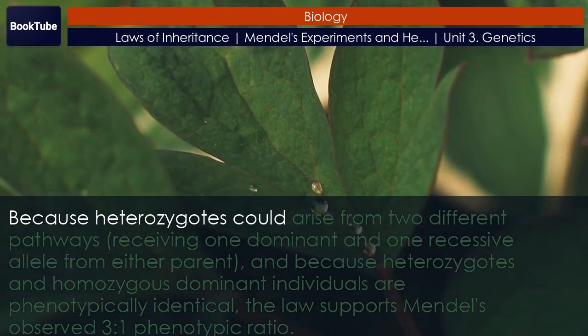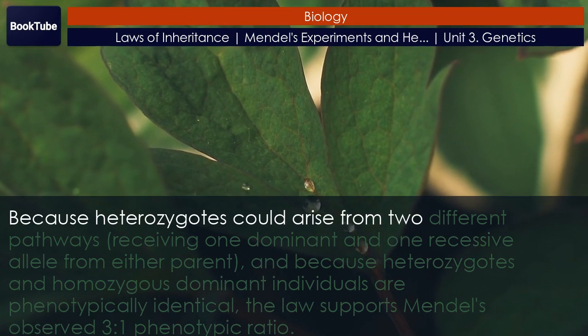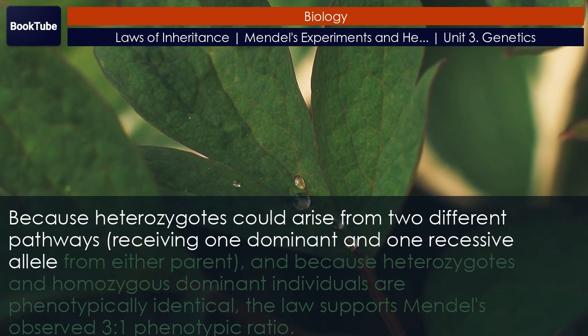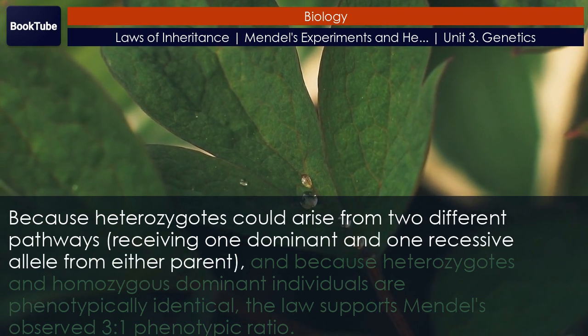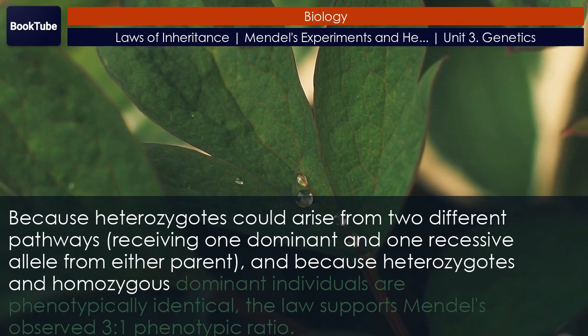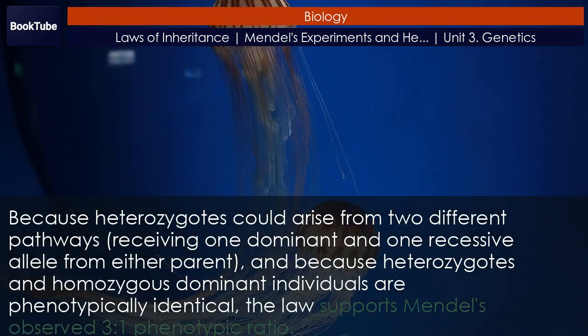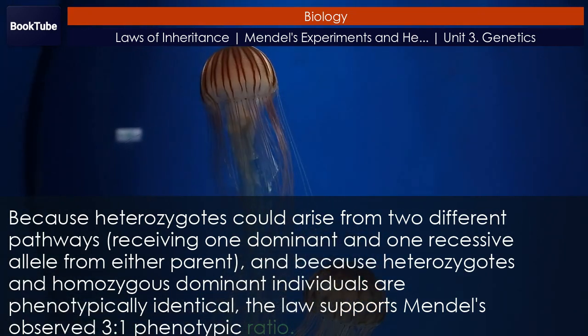Because heterozygotes could arise from 2 different pathways, receiving 1 dominant and 1 recessive allele from either parent, and because heterozygotes and homozygous dominant individuals are phenotypically identical, the law supports Mendel's observed 3:1 phenotypic ratio.